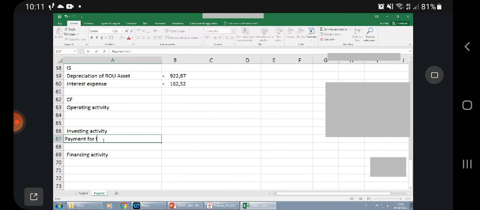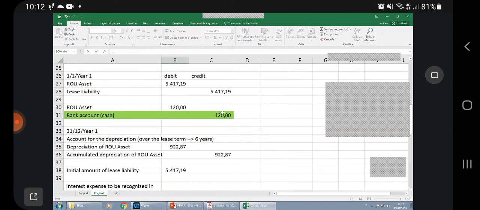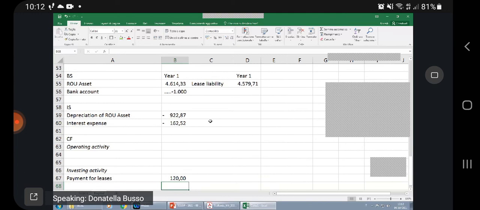I repeat again, because this amount paid at the beginning, 120, is because of an investment that the company is doing. The investment in a lease, in a right of use asset. Okay, so payment for leases.